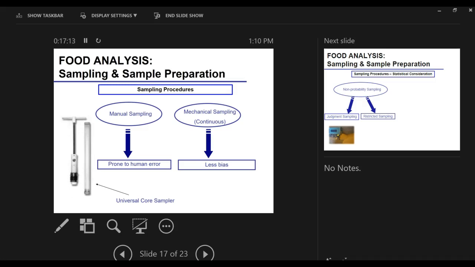You have manual sampling, which is prone to human error. Usually it's done by experienced personnel, and you can use different tools to take out samples. This is an example of a core sampler. And you can have mechanical sampling, which is less biased, and it is for in-line processing. Say you want to take a milk sample.